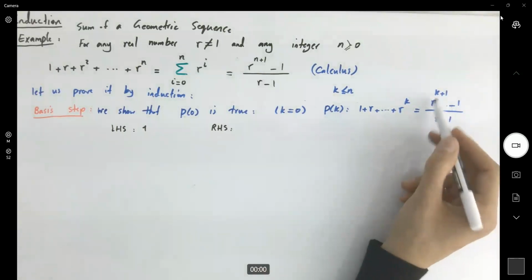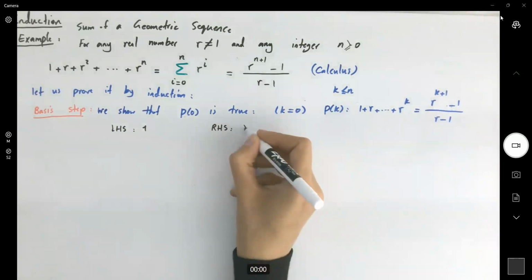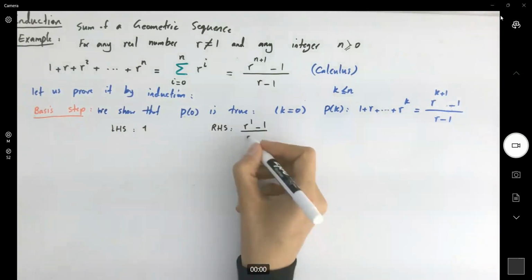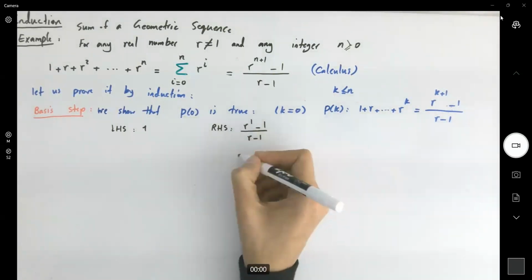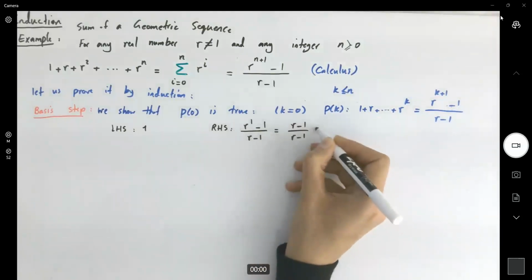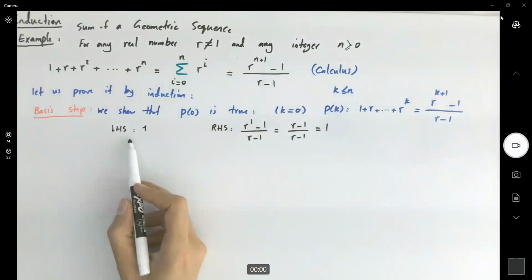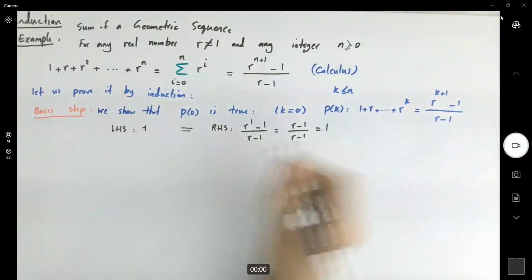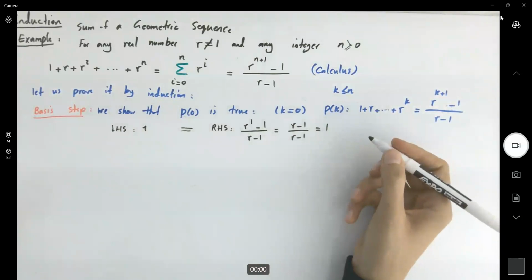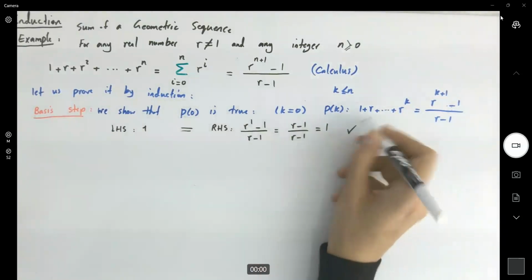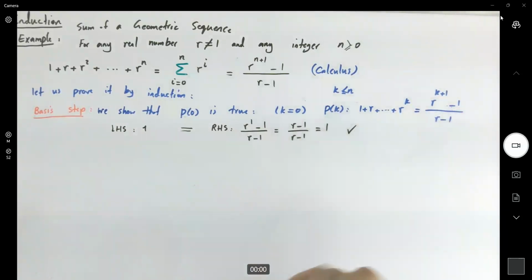If I plug in 0 for k, r to power 1 minus 1 divided by r minus 1, you can simplify these two terms: r minus 1 divided by r minus 1, which is 1. So as you can see, the left-hand side is equal to the right-hand side. What's the meaning of that? It means that the basis step is true. It means that you're allowed to go to the next step.